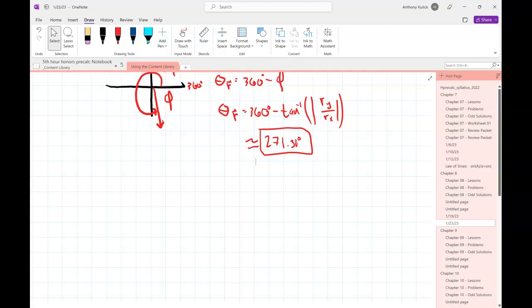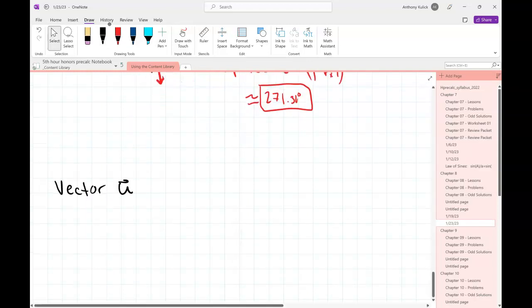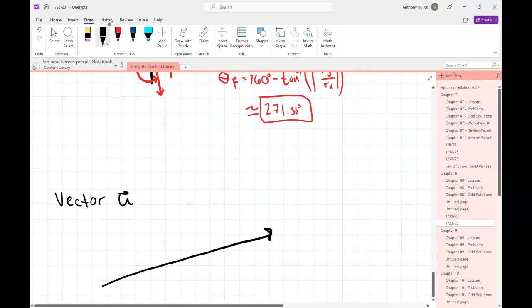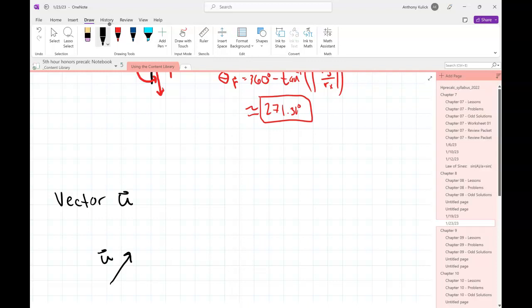All right. So, next thing is we have this new idea. So what I want to do is, let's say we have some vector u. And let's say that I want to break that vector u down into the sum of two other vectors.